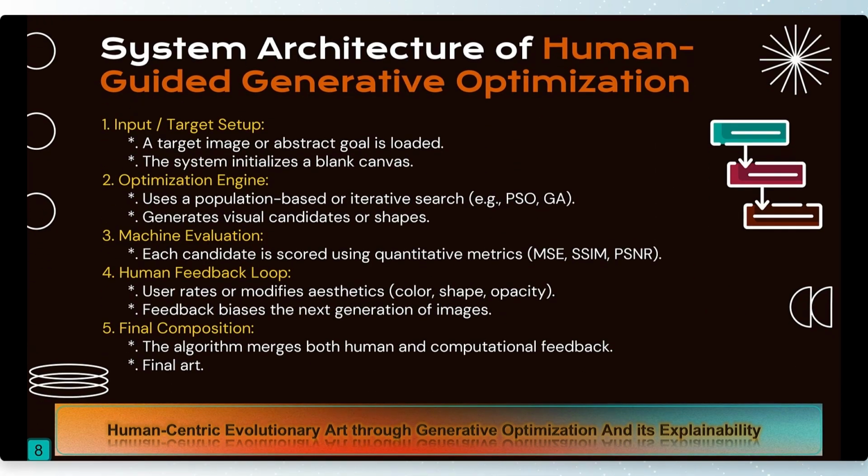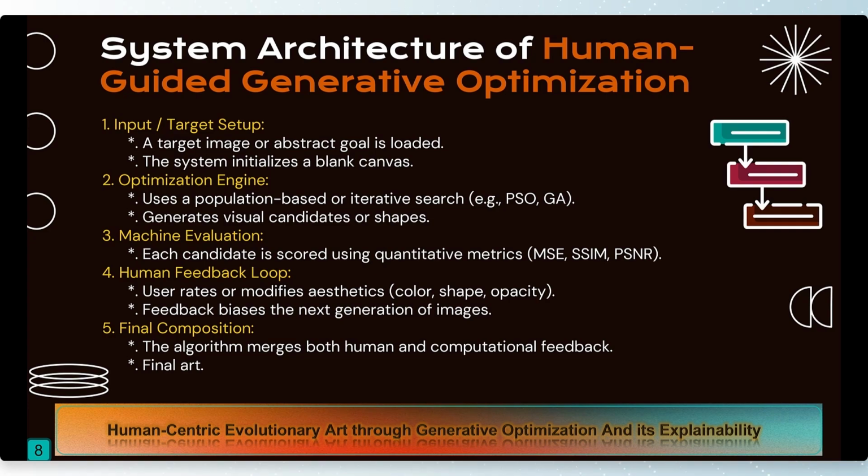So the workflow of the human-guided generative optimization is as follows. We have some input, which is target data, a target image or abstract goal, which is loaded. Then the system initializes a blank canvas. The optimization engine uses a population-based or iterative search like PSO, genetic algorithm, or anything else like Firefly Algorithm, and generates visual candidates or shapes.